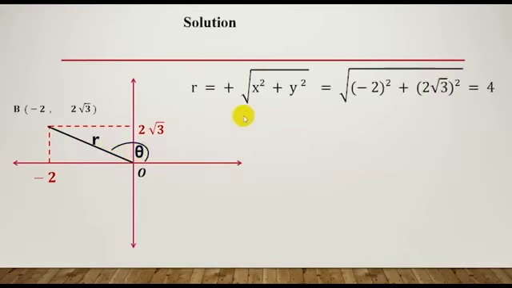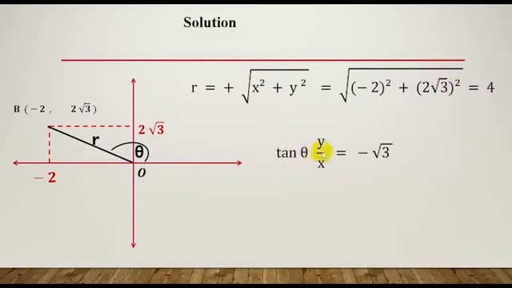Let's use the equation. We have x and y, right? So we put them under a square root, with a positive sign, x squared plus y squared, and the summation of them under the square root gives r equal to 4. And what will be theta?